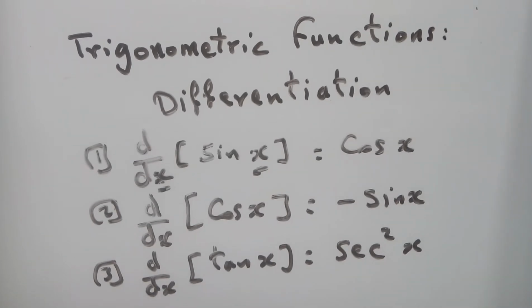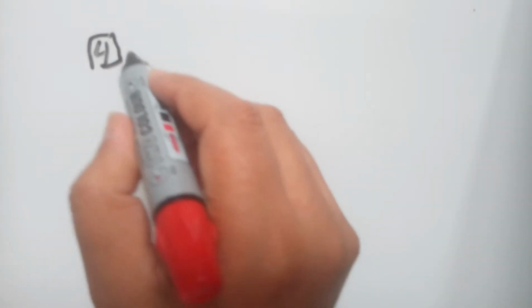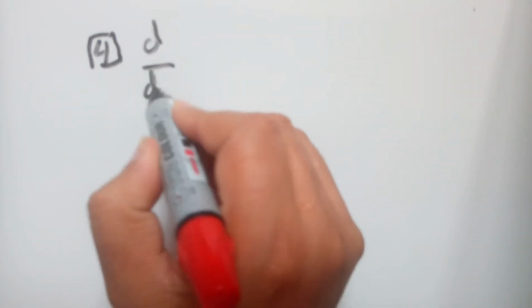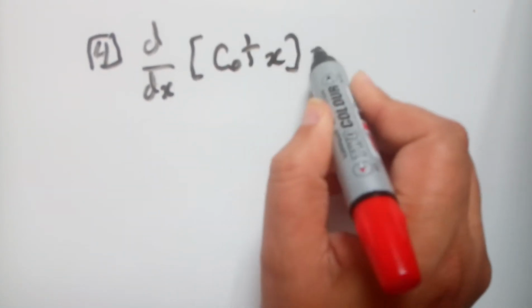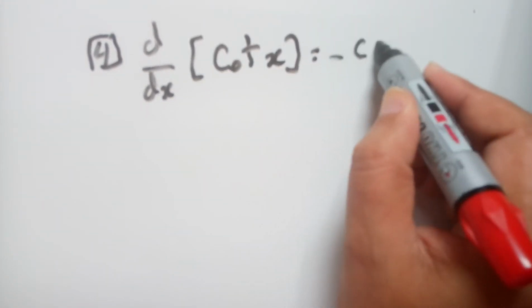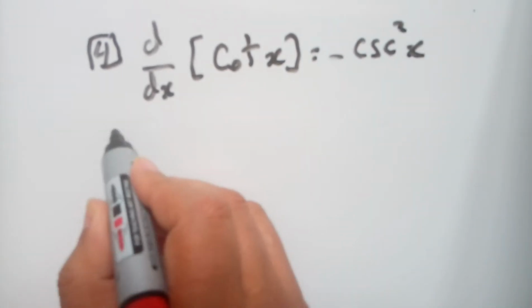Number 4, the derivative d dx for cotangent x, it will be negative cosecant square x.